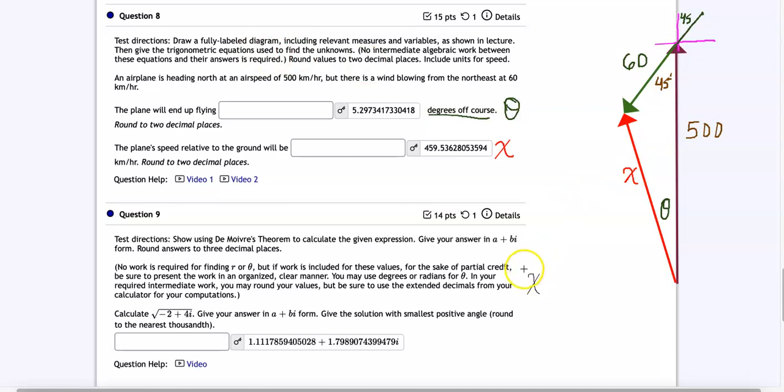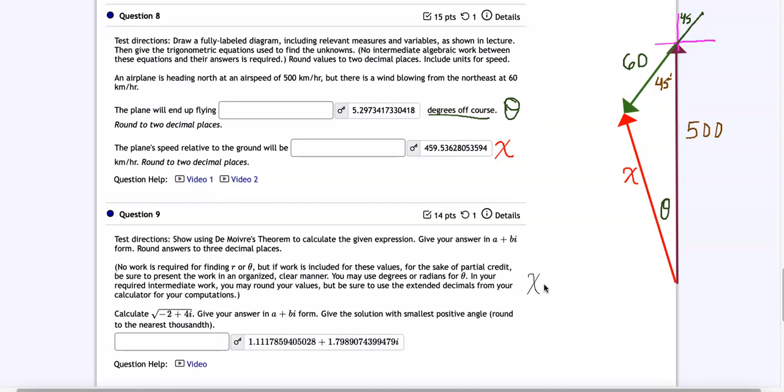So to find x, we're going to use the law of cosines. So what we have here then is x squared is equal to 60 squared plus 500 squared minus 2 times 60 times 500 times the cosine of 45 degrees. Now then you can go straight to your answer.